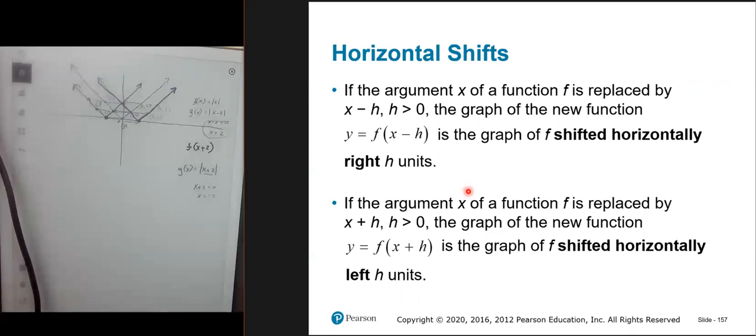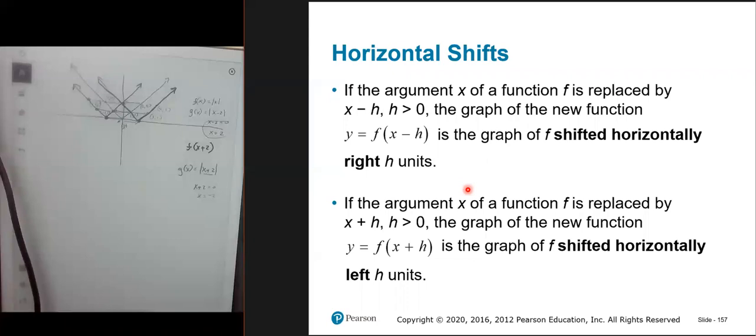If the argument x of f is replaced by x plus h, again where h is a positive number, then the graph of the new function is shifted horizontally to the left h number of units.